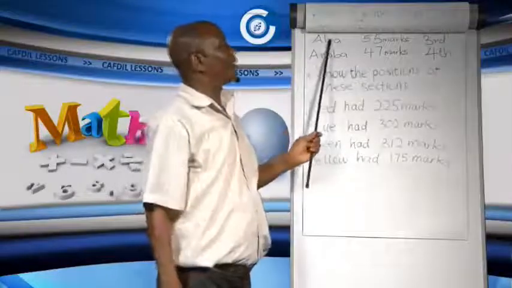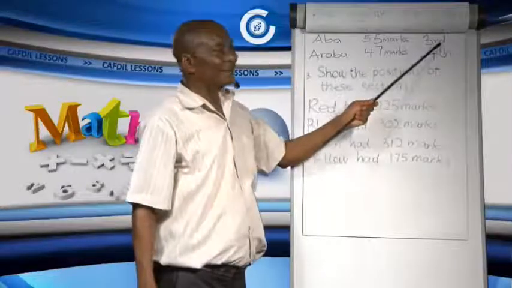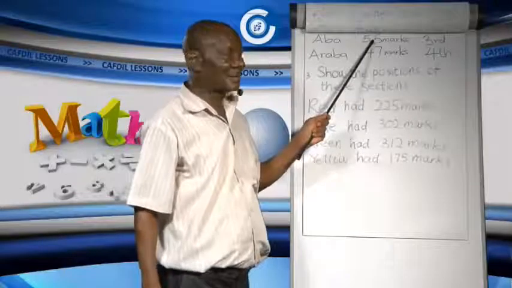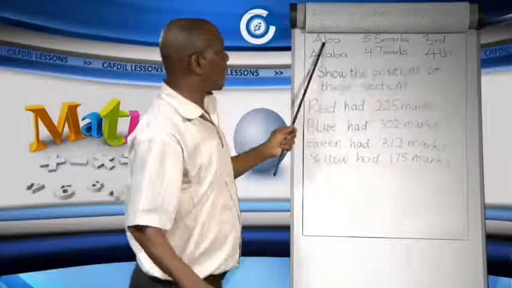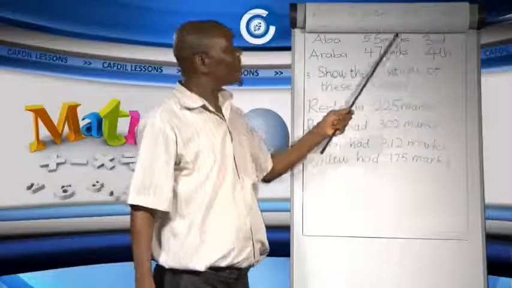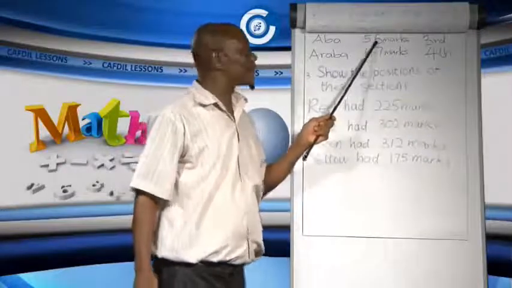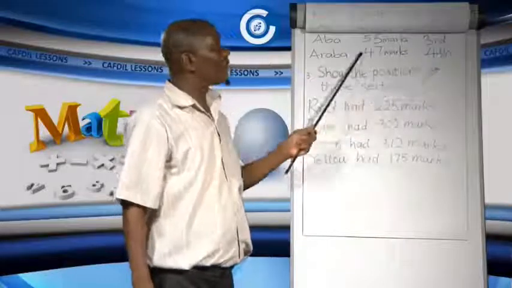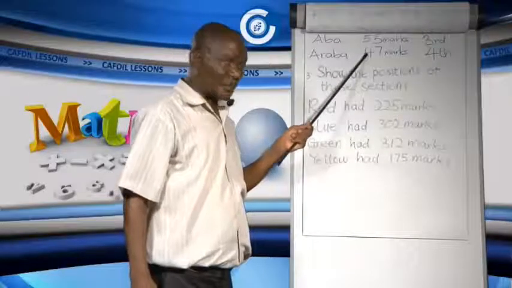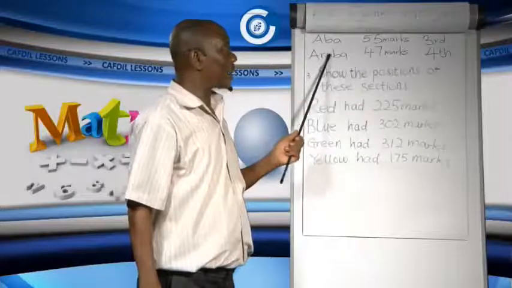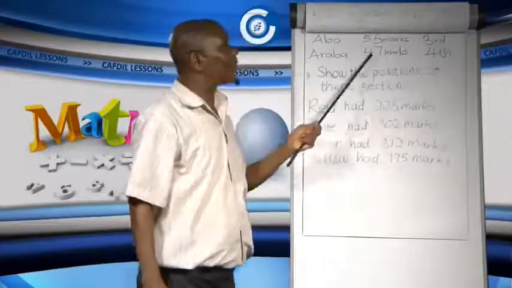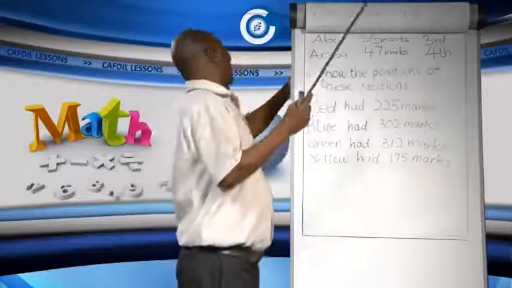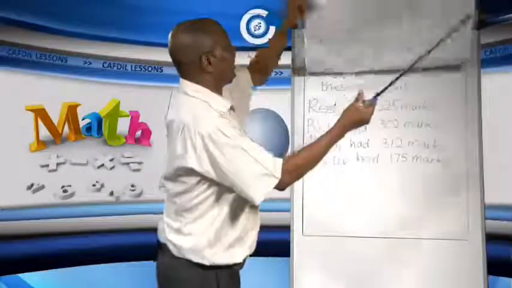Abba third with 55 marks, and Araba fourth with 47 marks. Let's go over the boys and see.